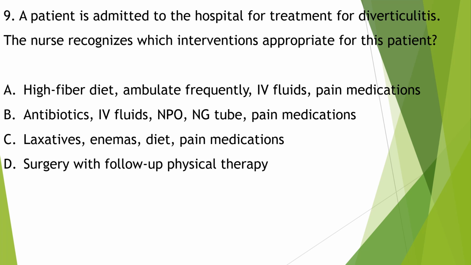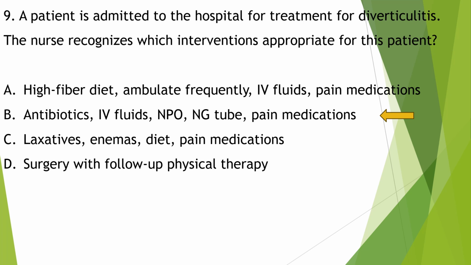Patients with diverticulitis who are hospitalized are treated with broad-spectrum antibiotics, IV fluids, and placed on NPO to allow the bowel to rest. The patient may have an NG tube for bowel decompression. Laxatives and enemas should be avoided because they increase intestinal motility.